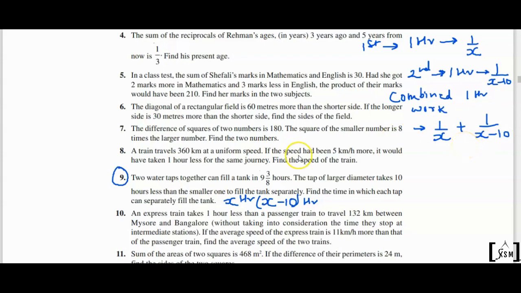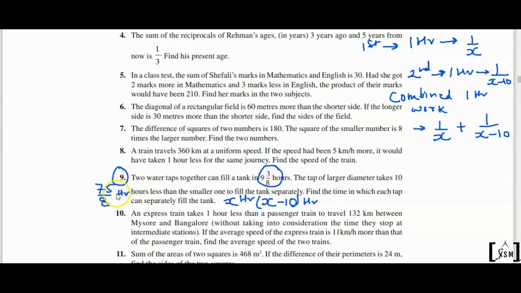Now in the question given, they both together fill the tank in 9 3/8 hours. Let's calculate what 9 3/8 is basically. 9 times 8 is 72 plus 3, 75 over 8 hours. So when they both work together, they take this much time.